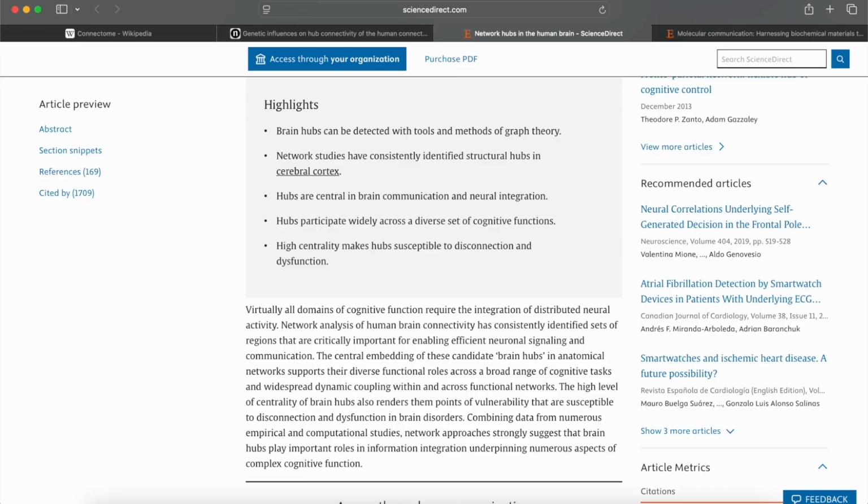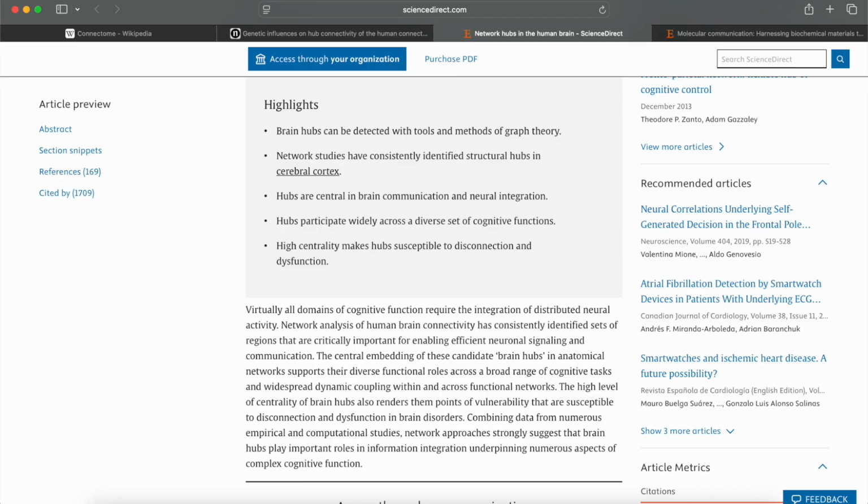Virtually all domains of cognitive function require the integration of distributed neural activity. Network analysis of human brain connectivity has consistently identified sets of regions that are critically important for enabling efficient neural signaling and communication. The central embedding of these candidate brain hubs and anatomical networks support their diverse functional roles across a broad range of cognitive tasks and widespread dynamic coupling within and across functional networks.